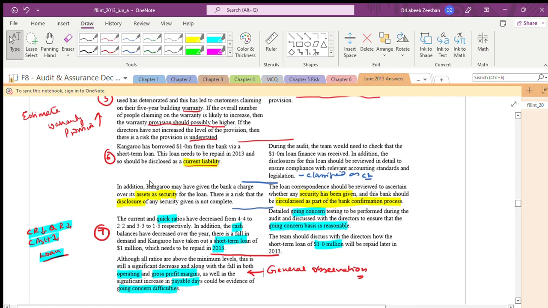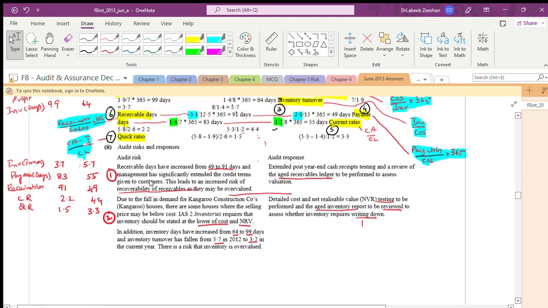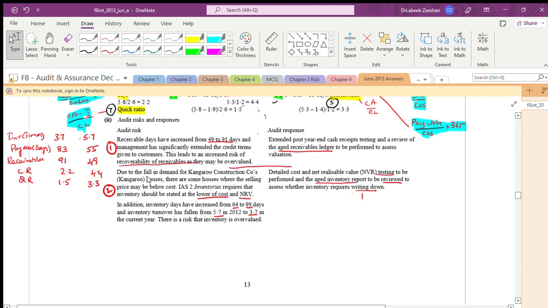If it is receivables, you have to extend post year-end receipts and aged receivables. If it is inventory, the response is detailed cost and net realizable value testing, checking for any aged inventory and whether the inventory value has been written down.